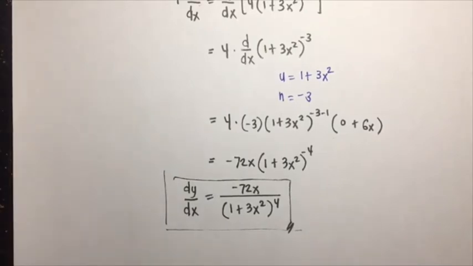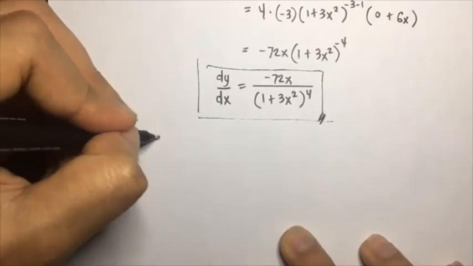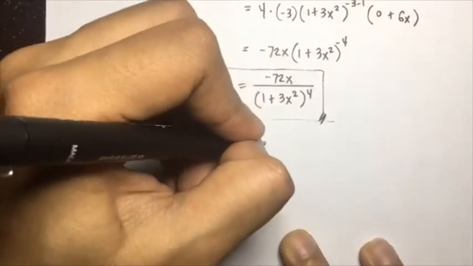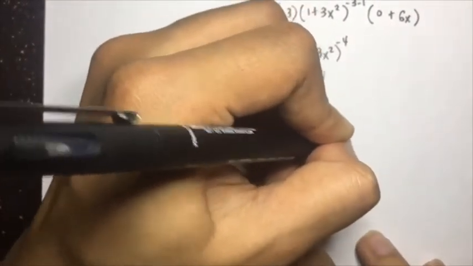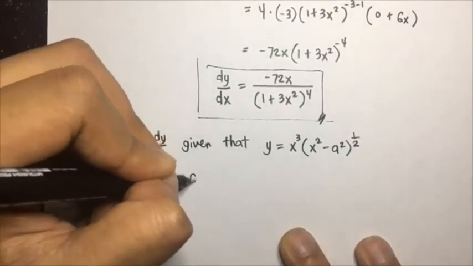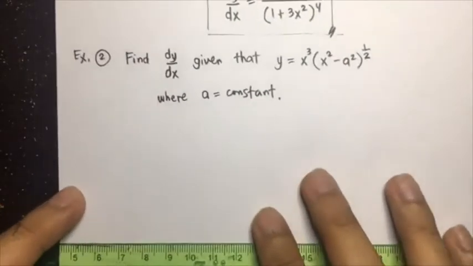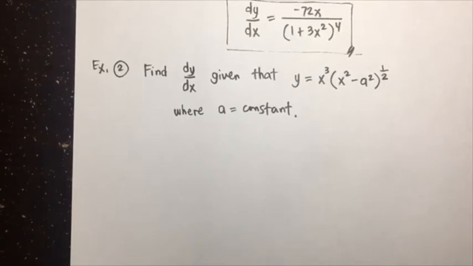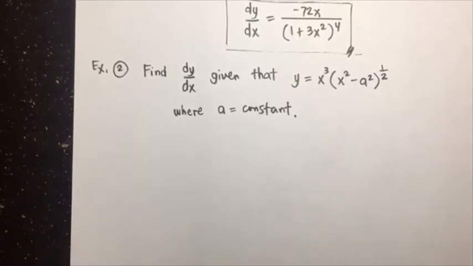Okay, so for our next example, example 2: find dy over dx given that y is equal to x cubed multiplied by x squared minus a squared raised to 1 half, where a is a constant.